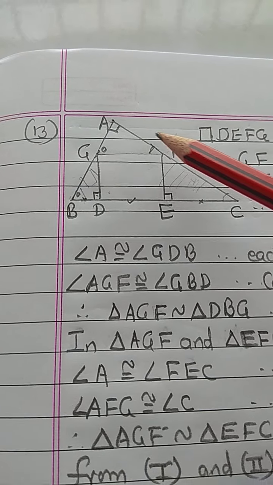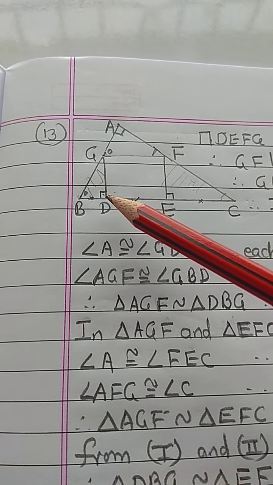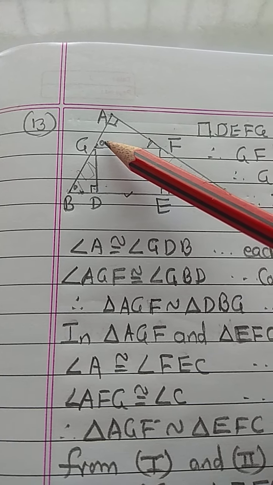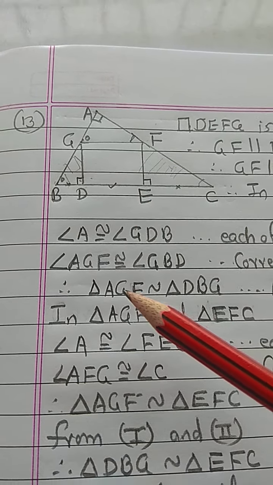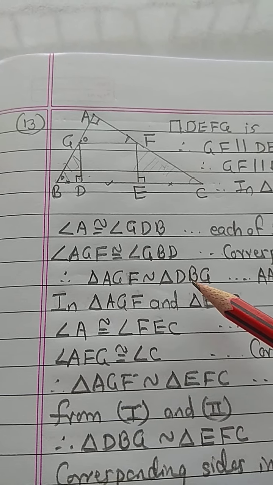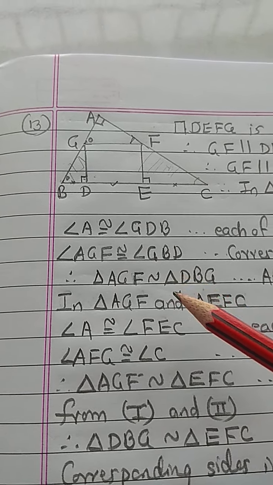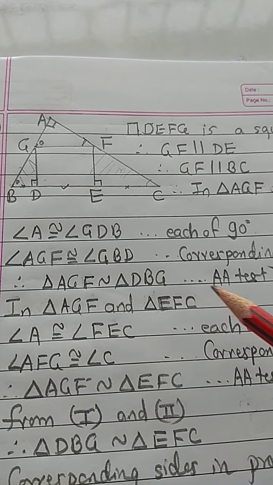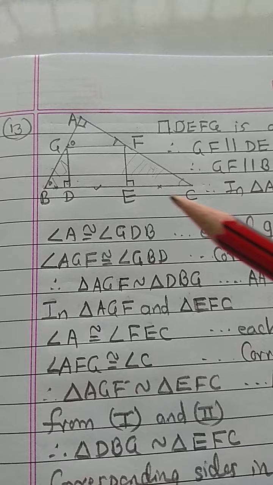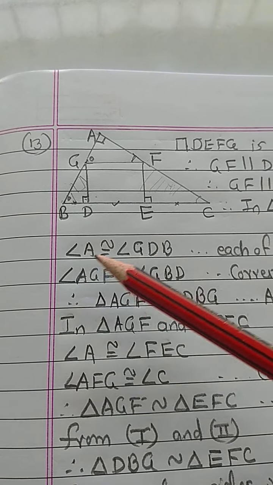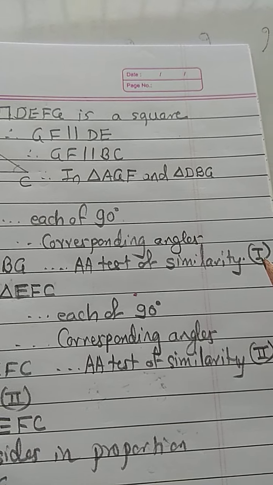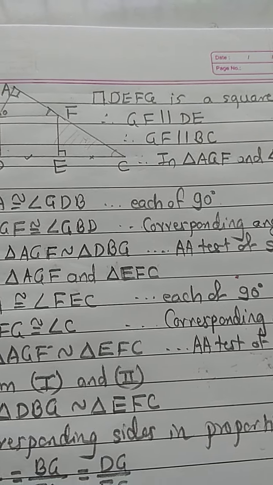If you are writing AGF, then in place of A we will have correspondence with D, and G will have correspondence with B. Therefore, A if it is D, G if it is B, we have to write triangle AGF similar to triangle DBG. These two angles are congruent with these two angles, therefore by the AA test of similarity the triangles are similar.